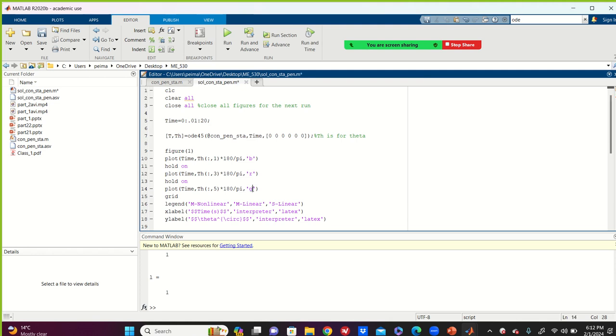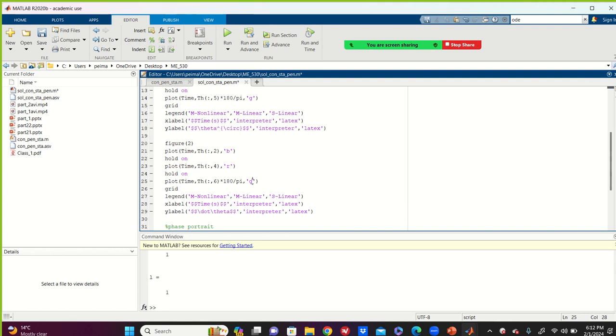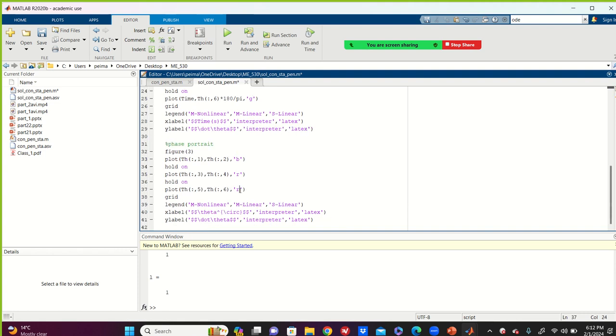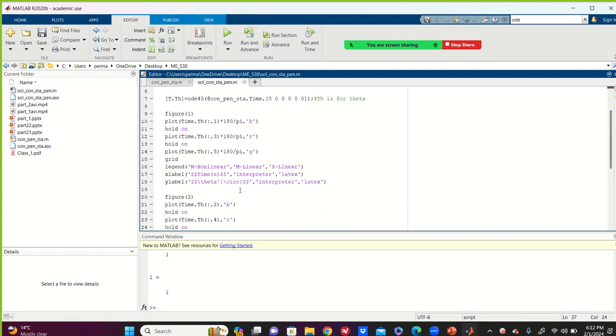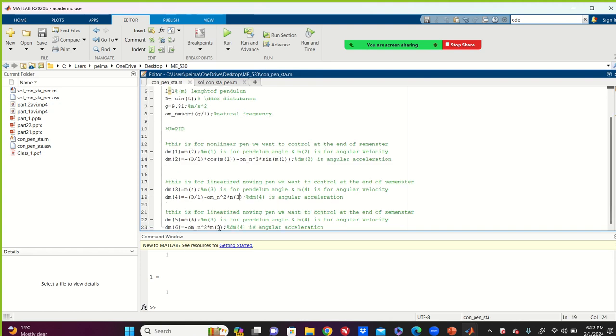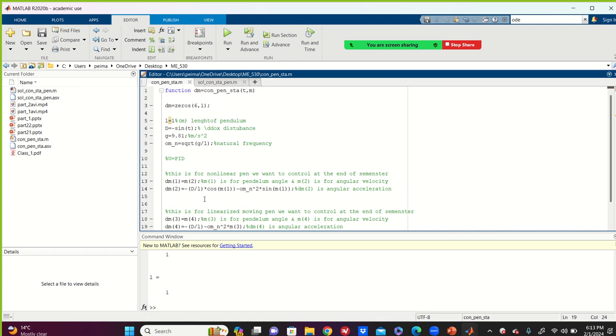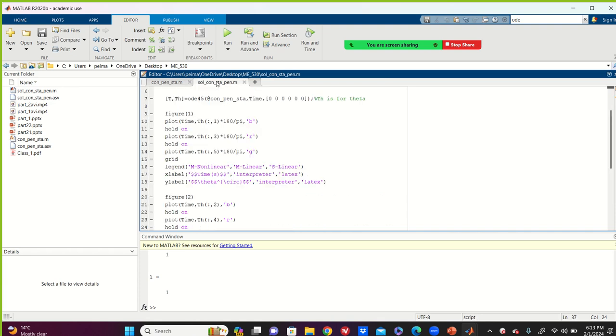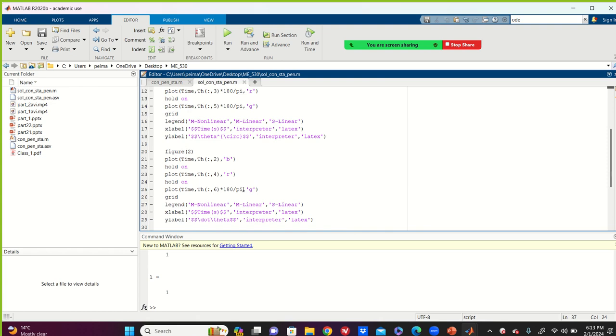Oh, this must be green. This must be green. And this must be green. What's wrong here? Oh! Yeah, everything's right, no? Yes. So 5, 6.